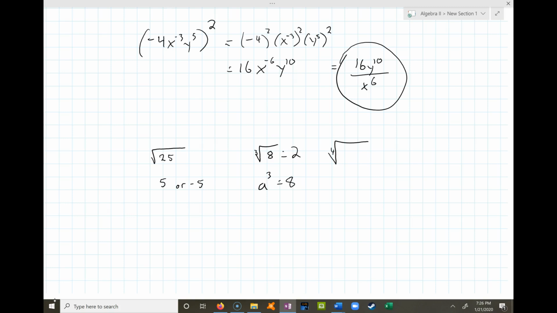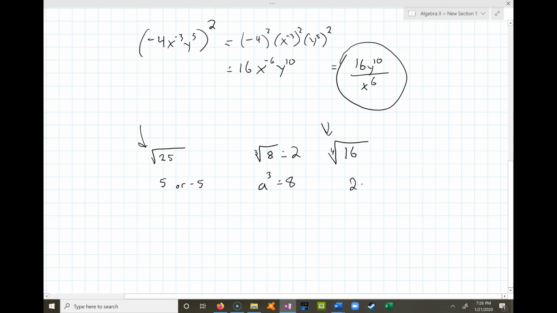Now, if we have some variables involved, let's say we have the square root of 9x to the 4th. Well, again, we can apply the square root to both of these factors individually, so that really goes back to this rule here, right? We can just apply the outside power. In this case, it's an outside root.